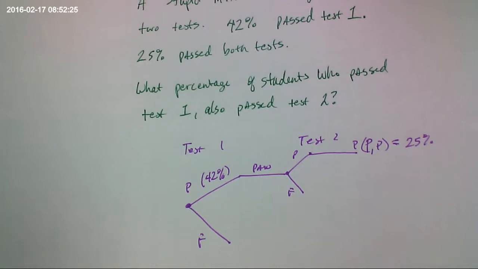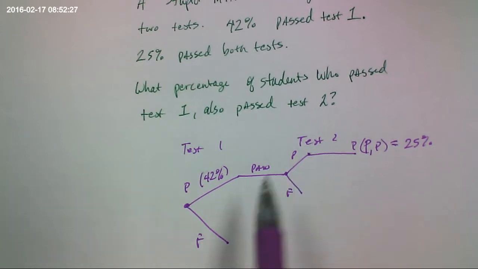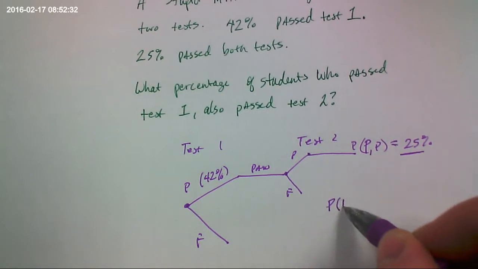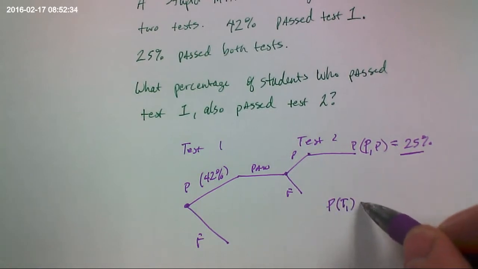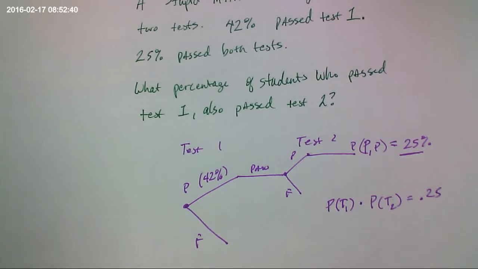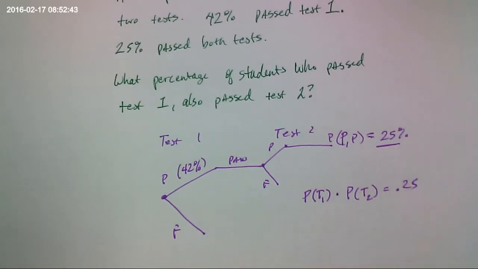Okay. So, the way you would find out this probability, wouldn't you take the probability of passing test 1, and then multiply it by the probability of passing test 2, and that's how you get that 0.25. Is that right? Yeah?